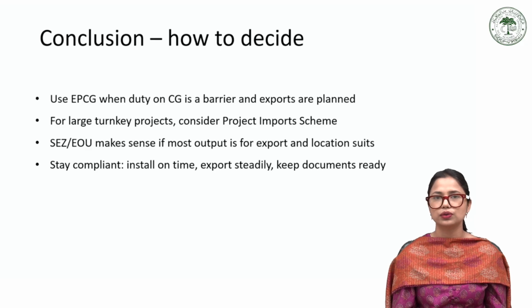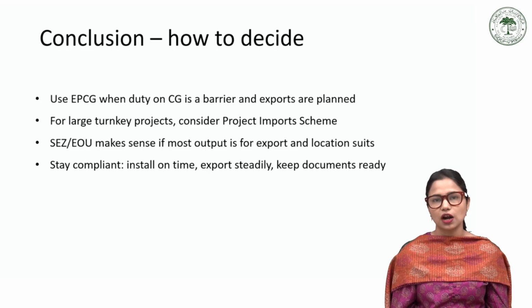Let us now conclude this discussion with a remark on how an exporter can go ahead and decide which scheme would be good according to their products and which schemes they can qualify for. So an exporter can use the EPCG scheme when duty on capital goods is a barrier and exports are planned.